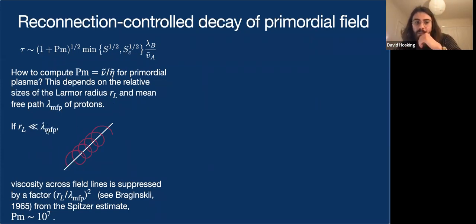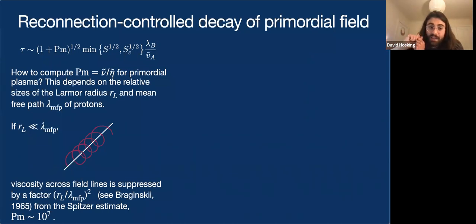However, if the Larmor radius of the protons is much less than the mean free path of the protons, that means those protons are completing many Larmor orbits between each collision, and that suppresses motion of protons across magnetic fields, and so viscosity becomes an anisotropic tensor.